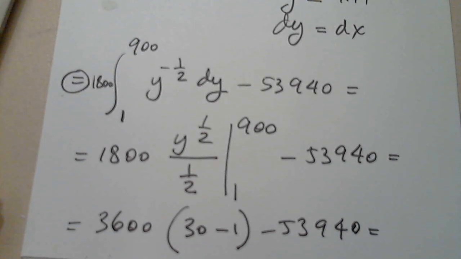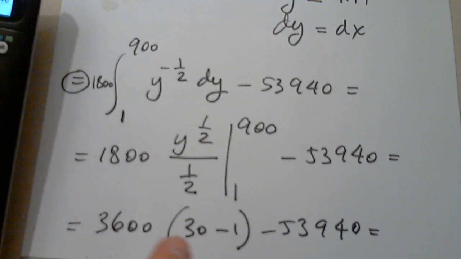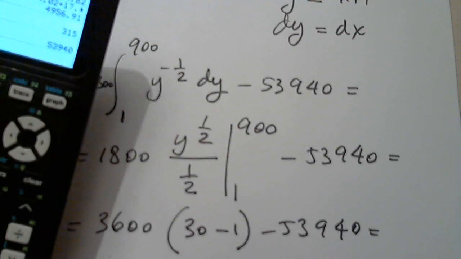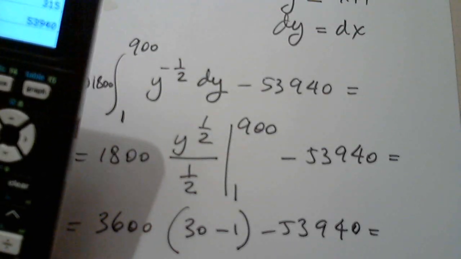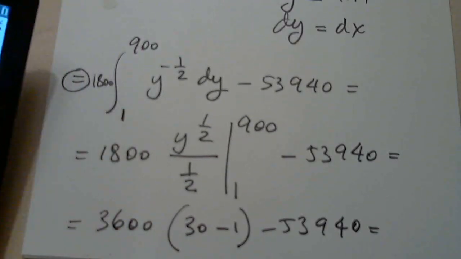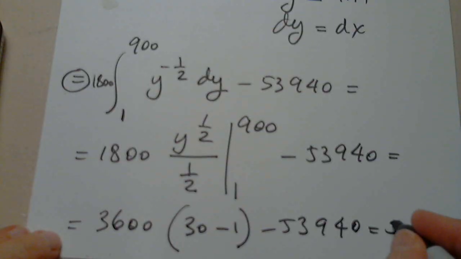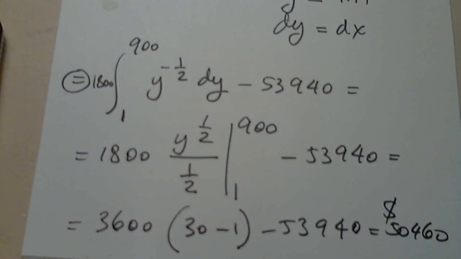And now I'm just going to calculate 3600 multiplied by 29, and minus 53940. And I got 50460. 50,460.